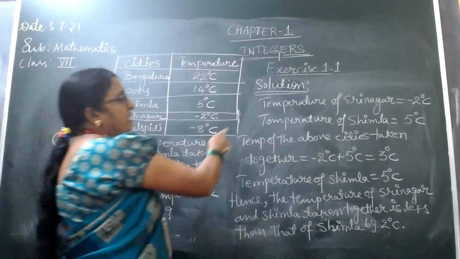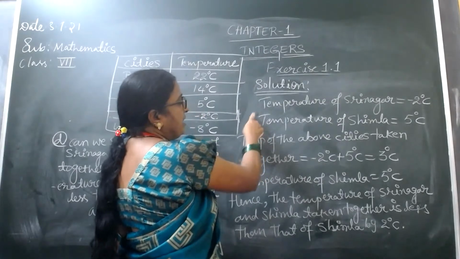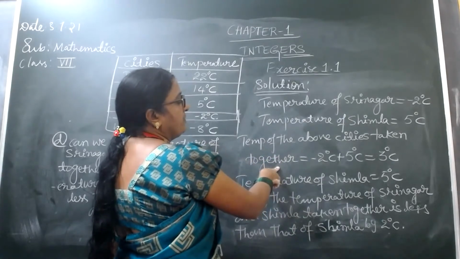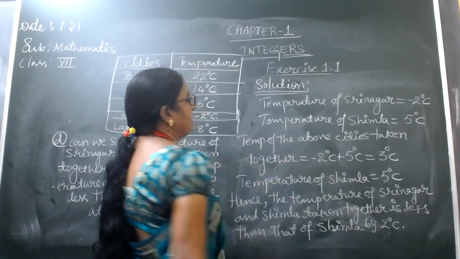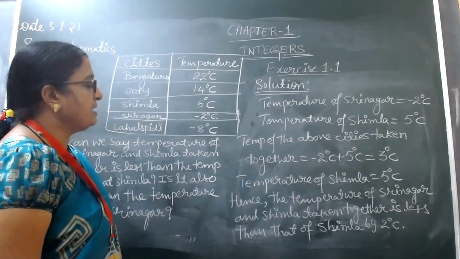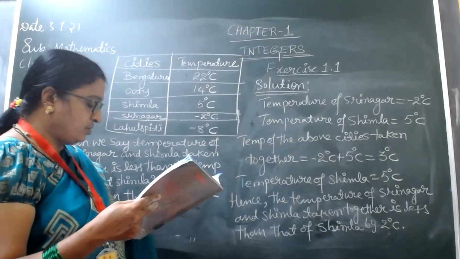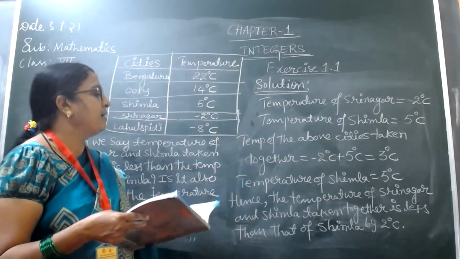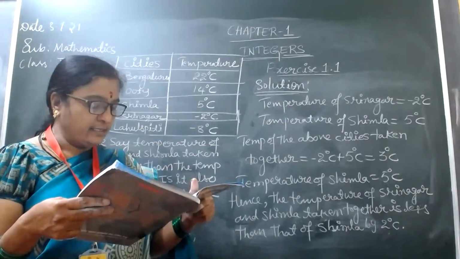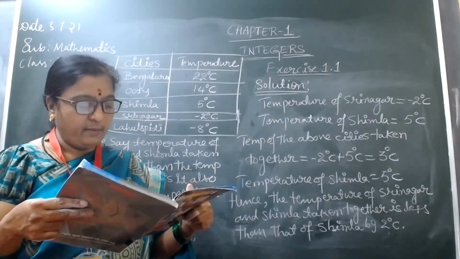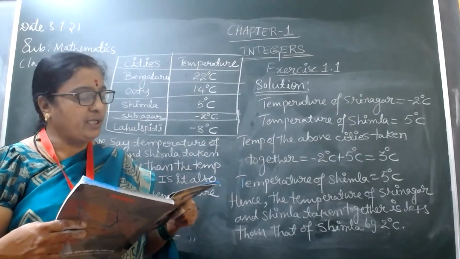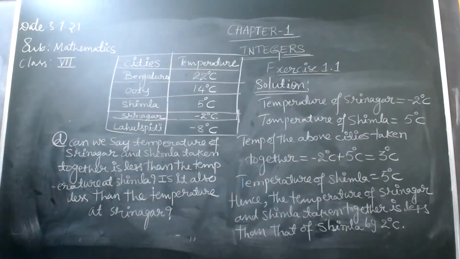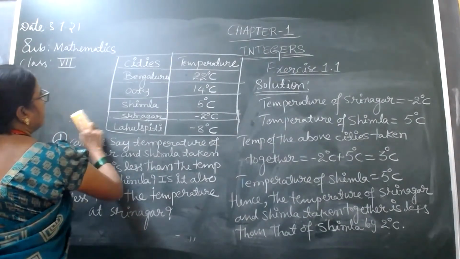You write down: temperature of Srinagar is -2 degrees, temperature of Shimla is 5 degrees, temperature of both taken together is 3 degrees Celsius. So temperature of Shimla is 5 degrees Celsius. So hence the temperature of Srinagar and Shimla taken together is less than that of Shimla by 2 degrees Celsius. This is question number 1. Okay, student?